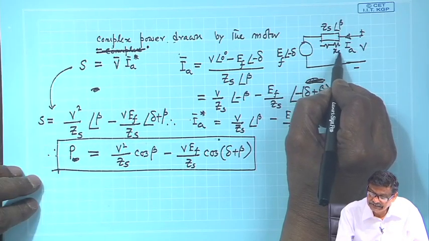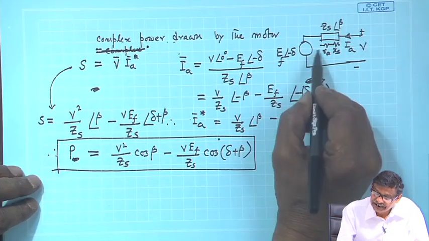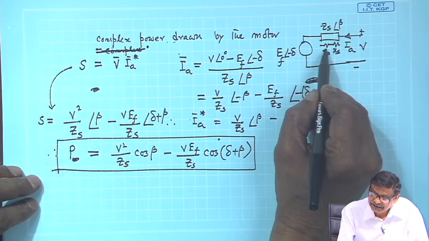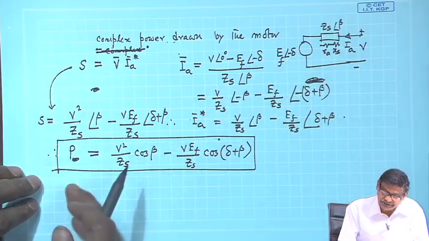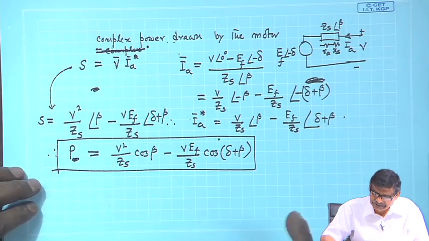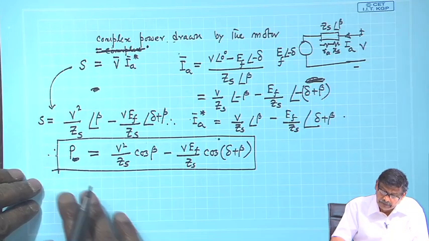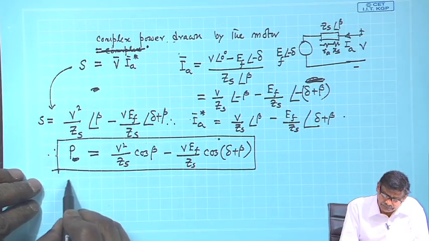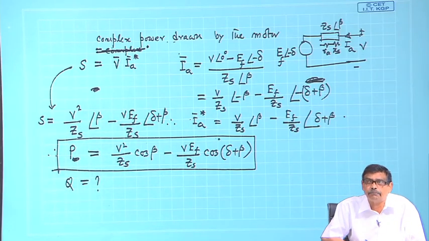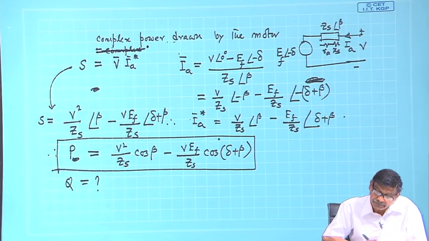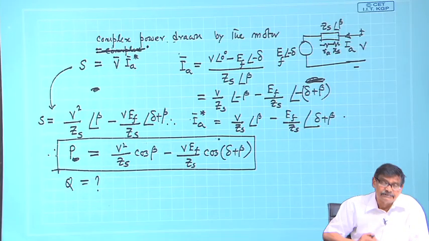The real power drawn is this, of which a portion will be lost in I A square R A, and the remaining portion will do the mechanical work. When you do the numericals, you will come to know. Similarly I can find out Q, which I am not doing, the imaginary part, how much reactive power it is drawing.